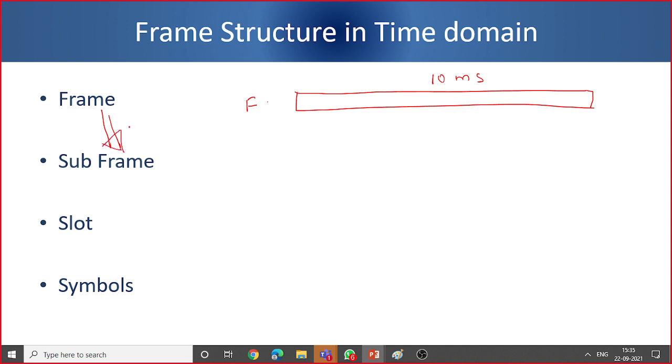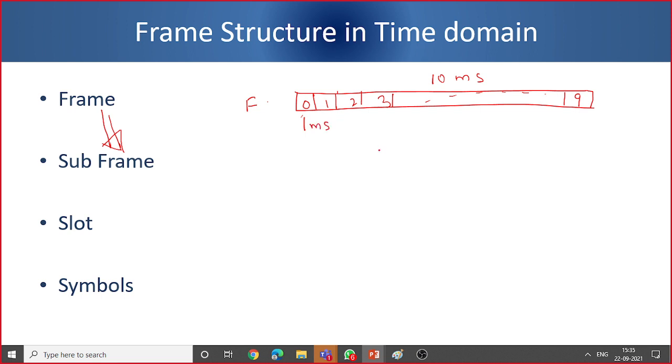So how many subframes does 5G contain? It will contain 10 subframes, and the numbering would be subframe 0, subframe 1, subframe 2, subframe 3, and so on, and finally subframe 9. So I have 10 subframes of 1 millisecond each, because the frame size was 10 milliseconds.